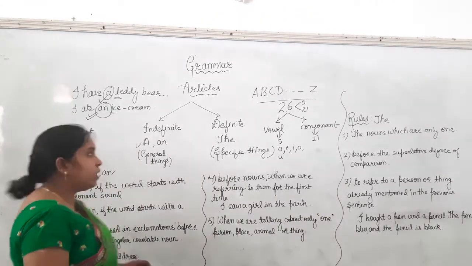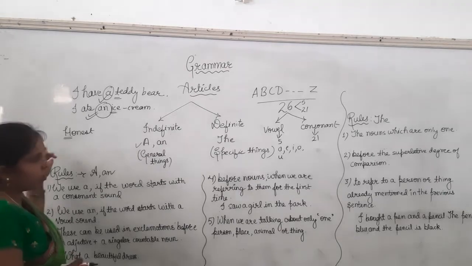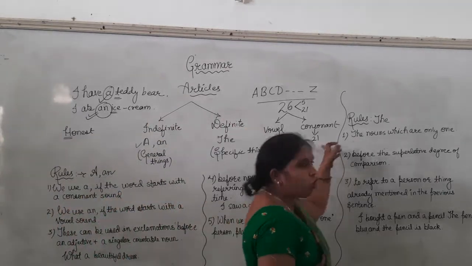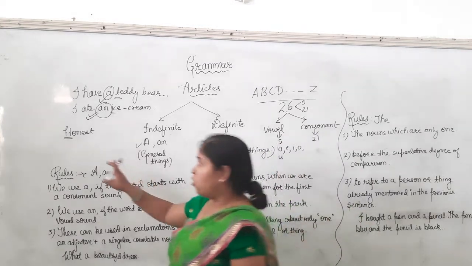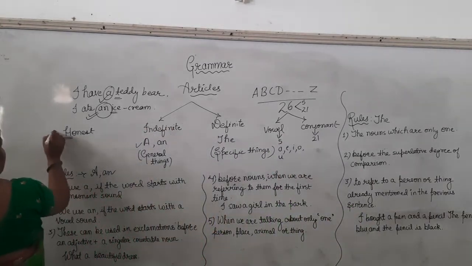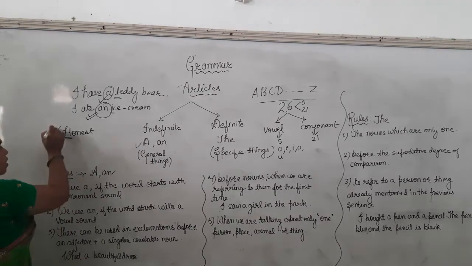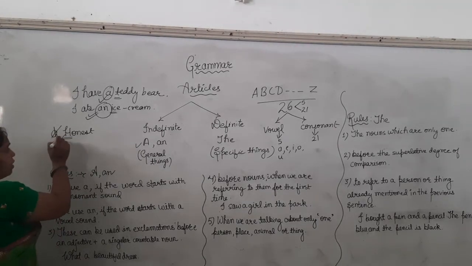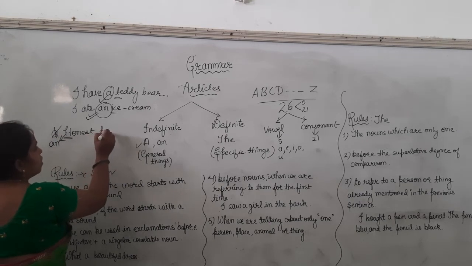Here the first letter is H. H is a consonant. So as per this rule, a would come here, a honest. But this is wrong. Here an will come: an honest person.